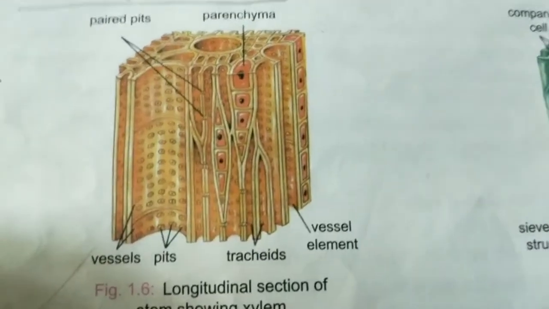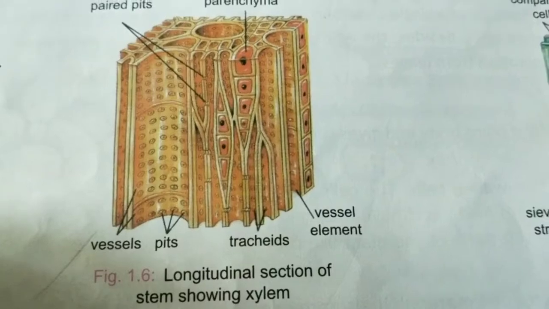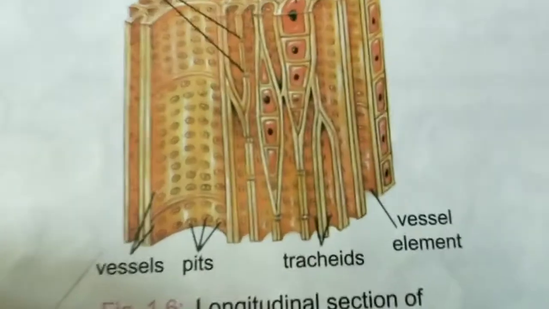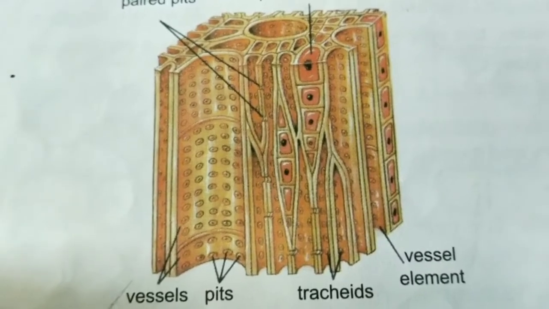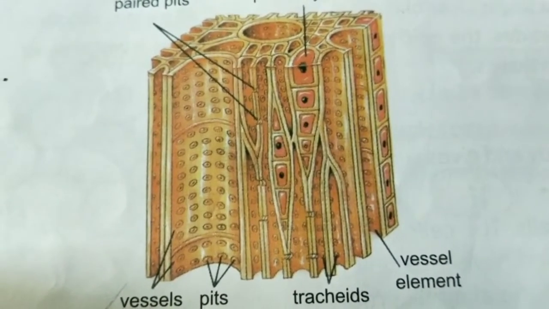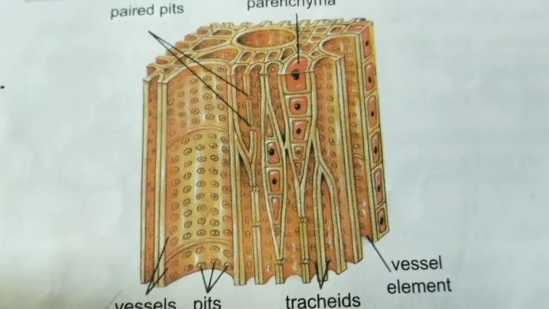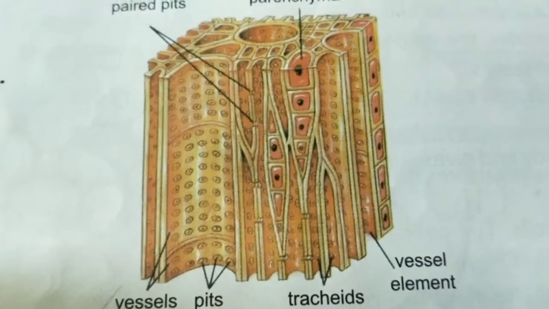See, the diagram in your book shows you the longitudinal section of xylem. If you can see, it is formed of thick-walled, long, tubular tracheids and the vessels, fibers and parenchyma. So 4 different types of cells are there.